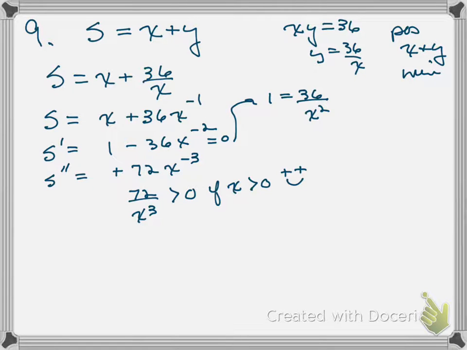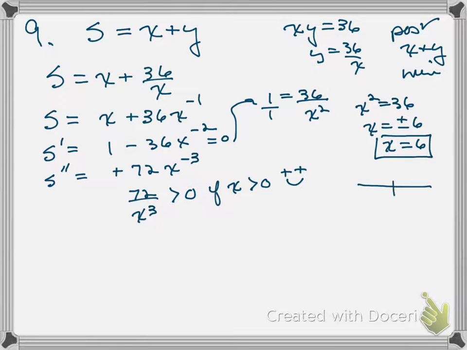Okay, so go back and take it out of that negative exponent form. So that tells me, if I do my cross products, that x squared equals 36. So therefore x equals plus and minus 6, but since I have to have positive values, I'm going to reject the negative and just say x has to equal 6.